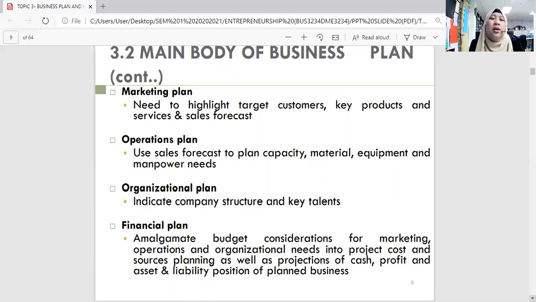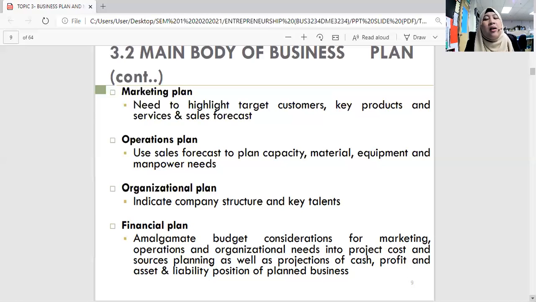And then we have the operational plan. The operational plan uses the sales forecast to plan the capacity, material, equipment and manpower needs. And the third, we have the organizational plan or administration plan, which indicates the company structure and the key talents.